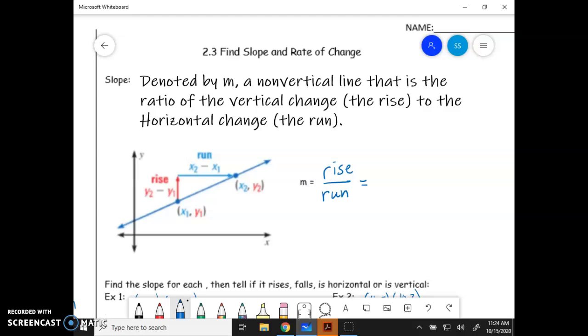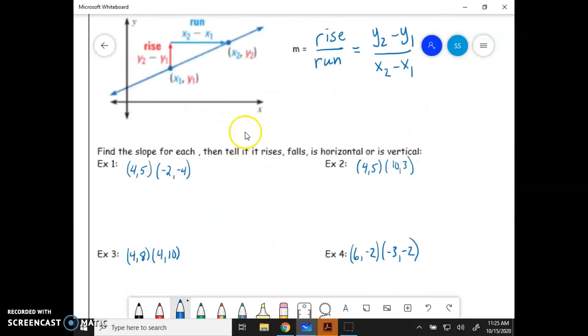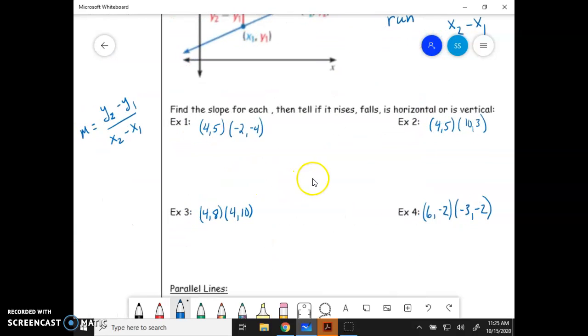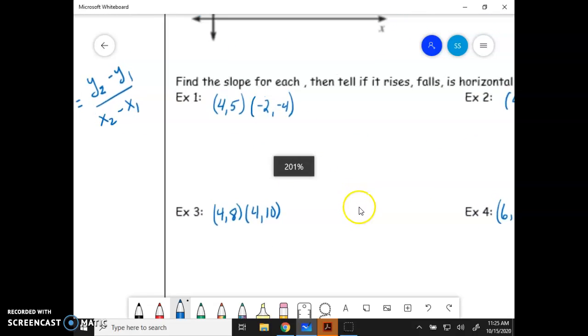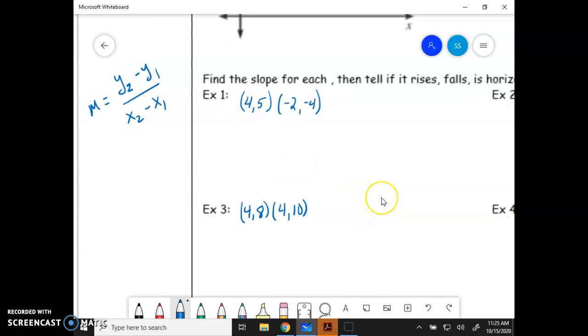So we can find the slope, or our m value, by doing y2 minus y1 over x2 minus x1. We're looking at the change in the y's over the change in the x's. Let's take a look at some examples. I've got the formula written out here, and some points. I really want you to get into the habit of labeling these.